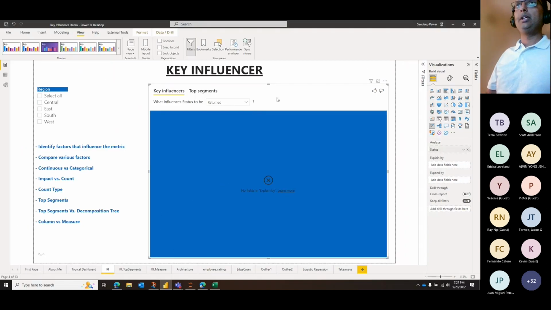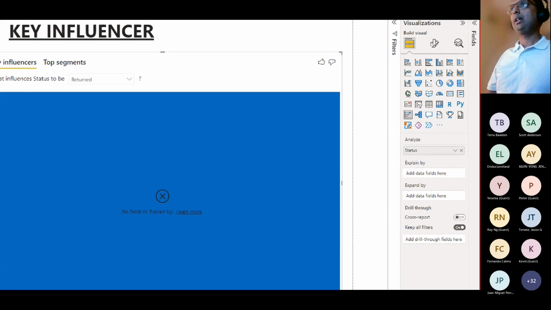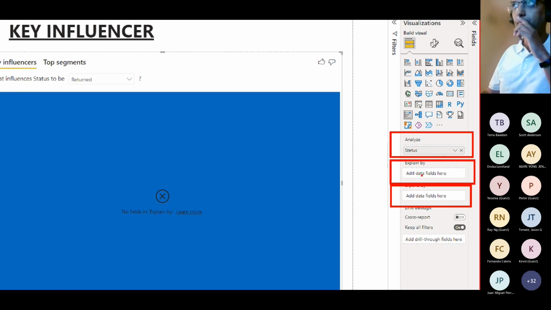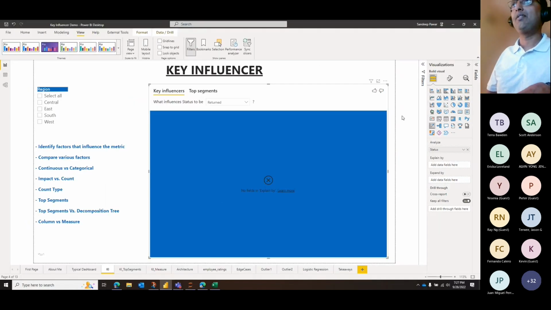When you click on it, it's going to ask you on the right hand side three things. The first thing is analyze. What do you want to analyze? Second thing is explain by, that whatever you're analyzing, what do you want to explain it by? And then expand by. We'll first look at both of these, analyze and explain by, and then we'll talk about expand by after that.